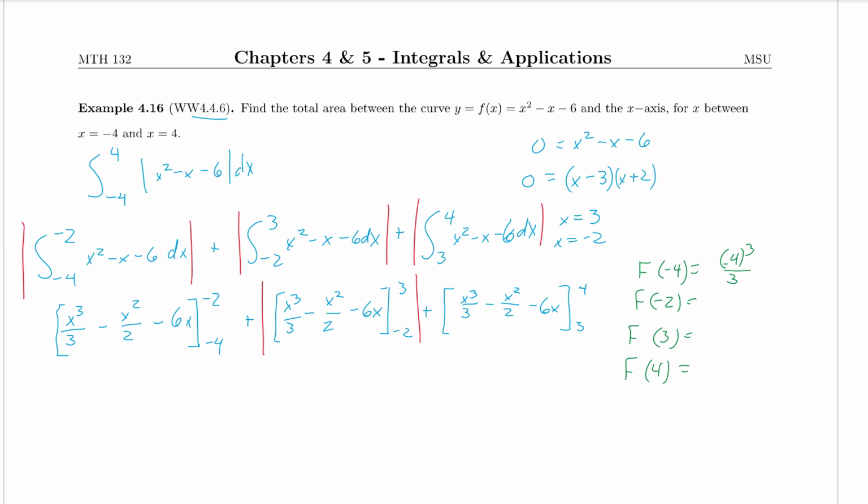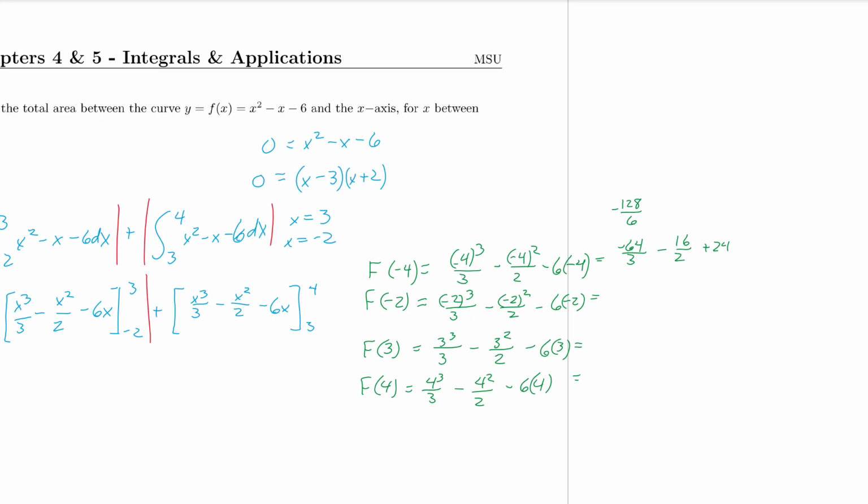So I'm going to get -4 cubed over 3 minus -4 squared over 2 minus 6 times -4. I'm going to do the same thing for every one of the other points.